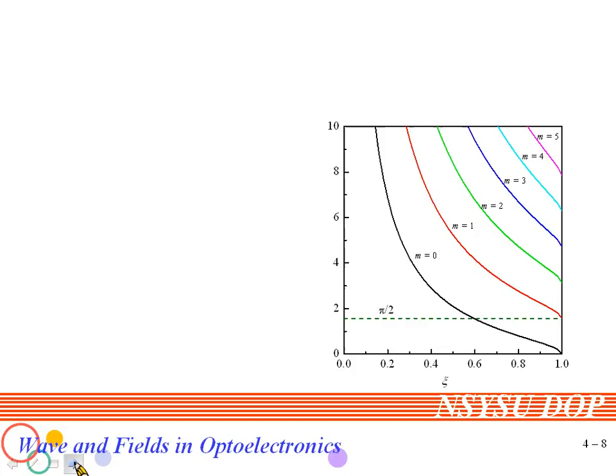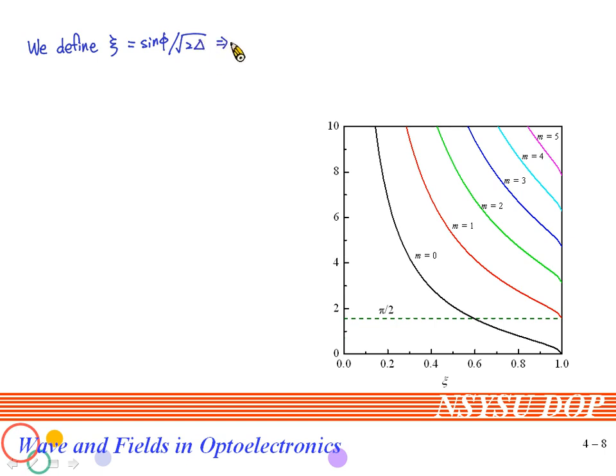Here we define a new parameter c. C is sine phi divided by square root of 2 refractive index difference delta.